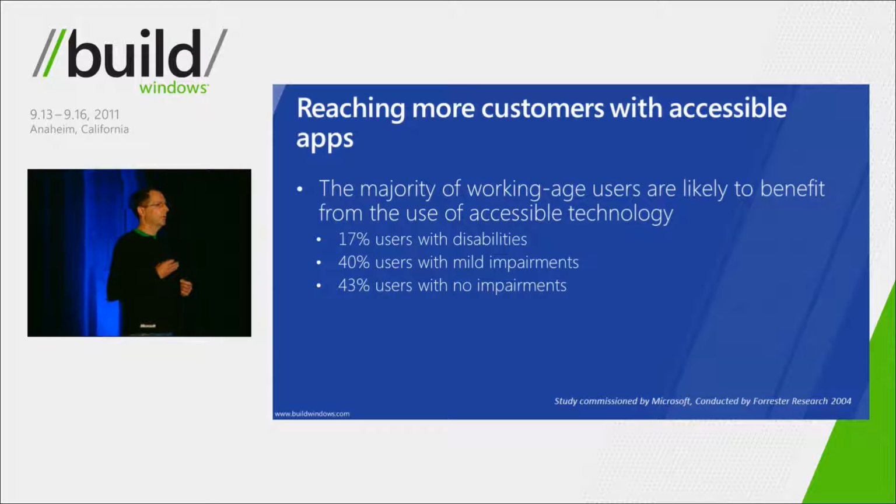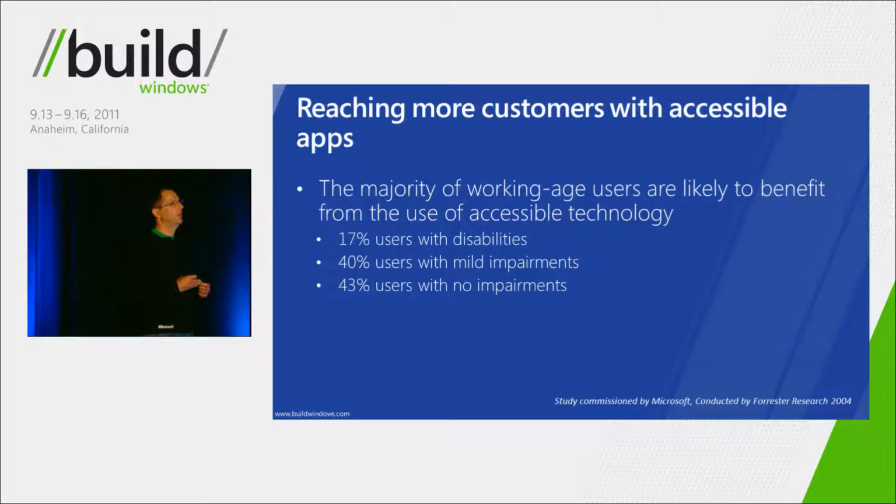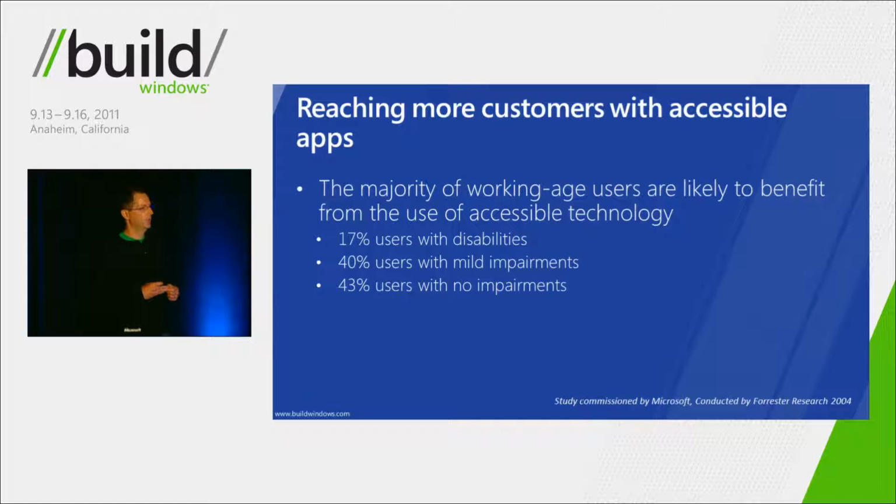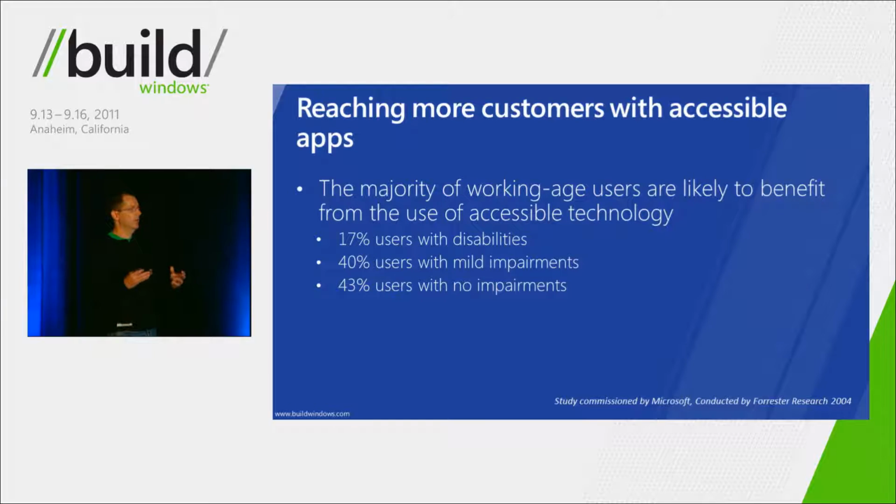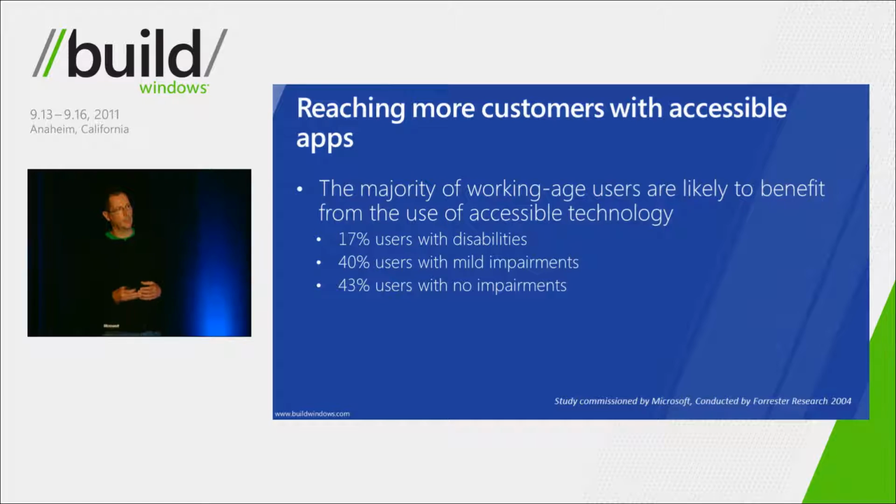What this research found was that 17% of working-age computer users in the US are very likely to benefit from accessible technology. That would include users who are blind and would use a screen reader to have what's shown visually on the screen read out to them. And also it would include users with severe mobility impairments who might use an on-screen keyboard because it's not practical to use a physical keyboard.